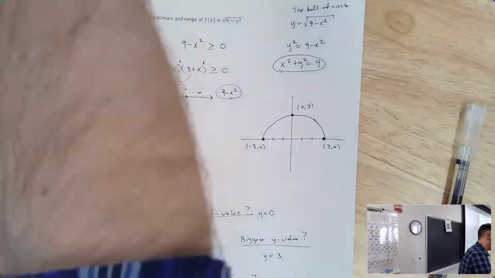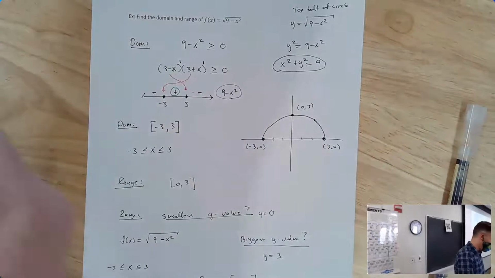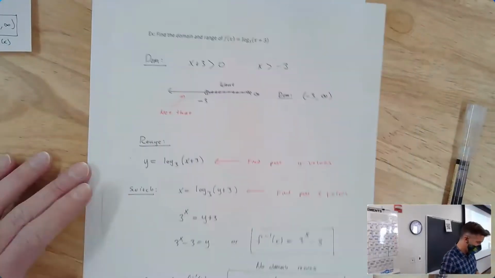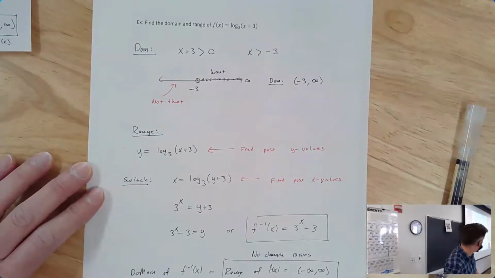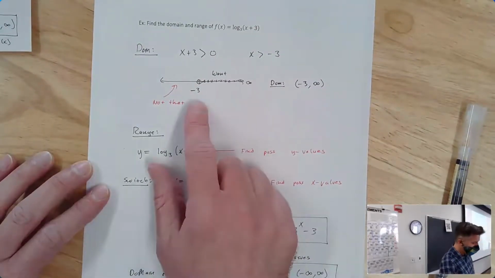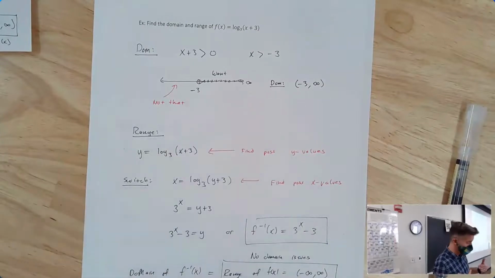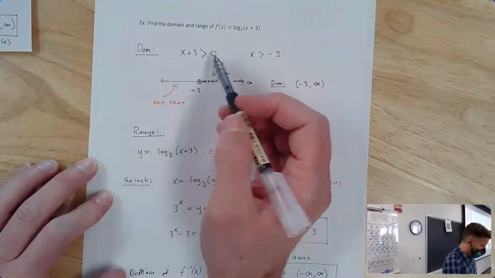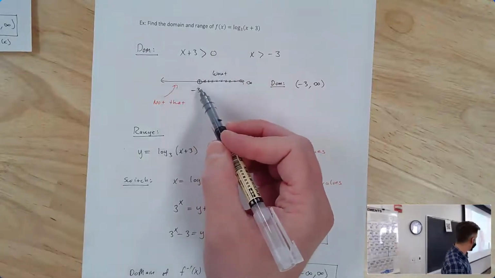Where was the previous one? Well, actually, we looked at this one previously, which still has the same sort of thing. I didn't show as much work here, but I could have. Here I find the domain to be x plus 3 greater than 0. I know that -3 is where it's equal to 0.